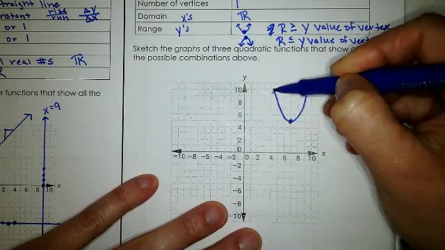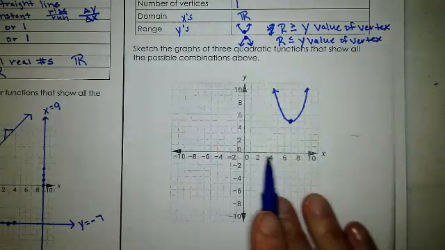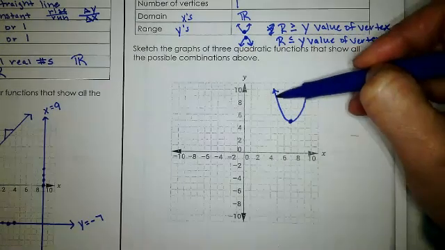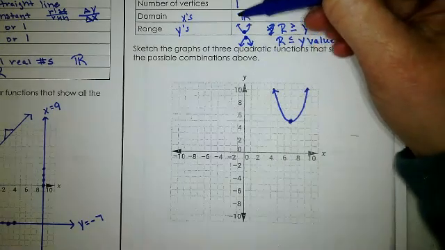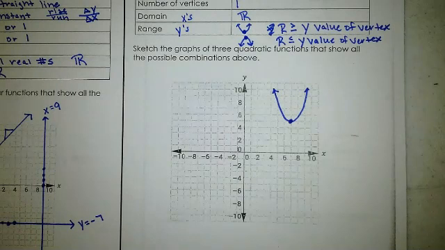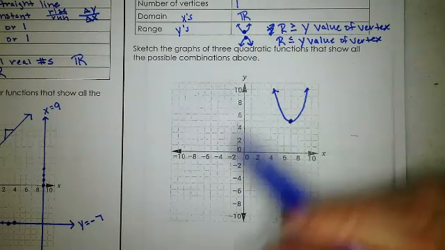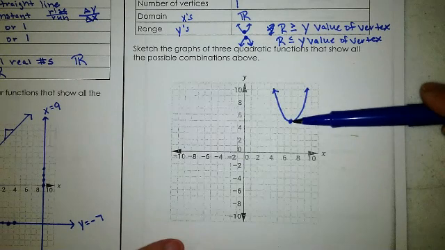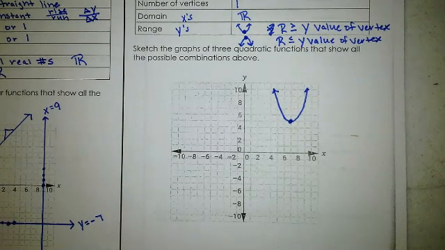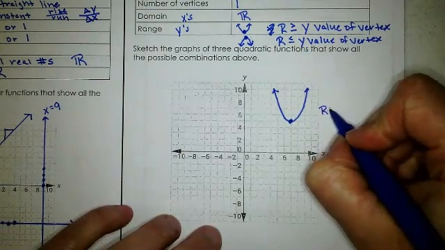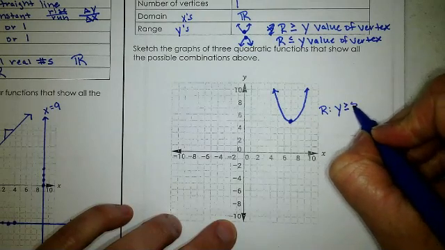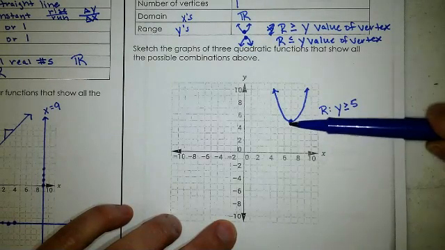This would be an example of a graph that has no x-intercepts because it's not crossing the x-axis, but eventually this side would cross the y-axis, so it has one y-intercept. You would be able to get any y value that was 5 or larger. So for this, your range would be y is greater than or equal to 5. So you can get 5 and up.